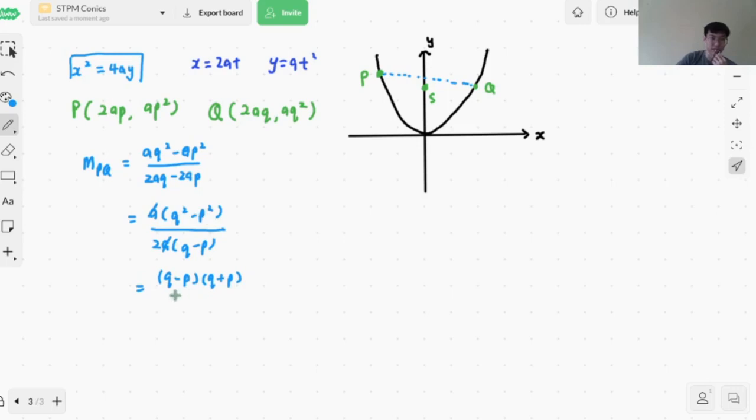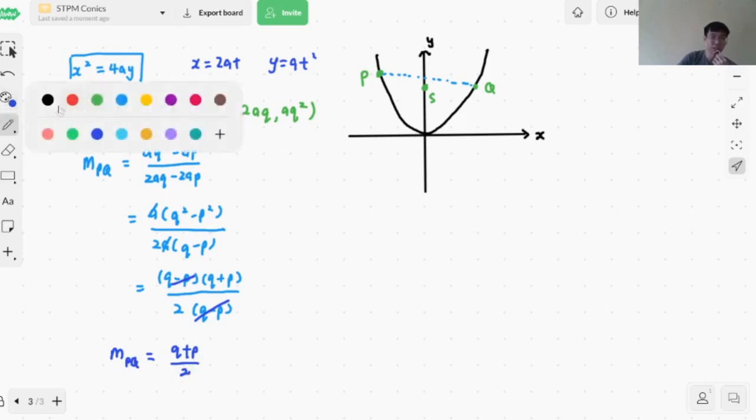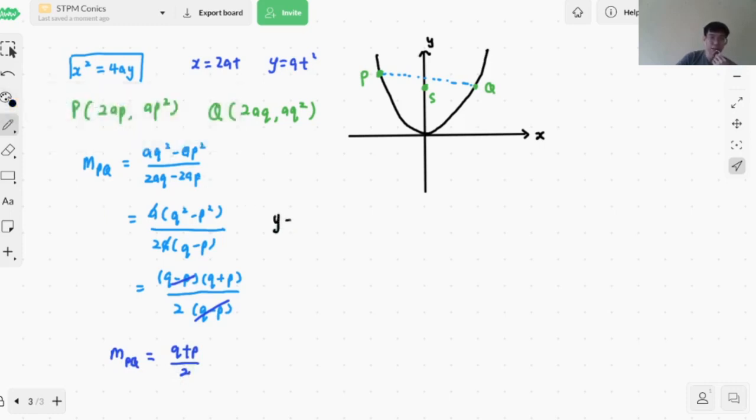You factorize q squared minus p squared as q minus p times q plus p, over 2 times q minus p. Then the final answer is not here, you just cut away, so that you get your gradient of PQ as (q plus p) over 2. And to form the equation, I need to use y minus y1. For example, I use ap squared this time: y minus ap squared equals your gradient (q plus p) over 2 times (x minus 2ap).